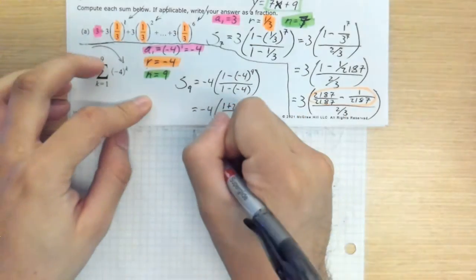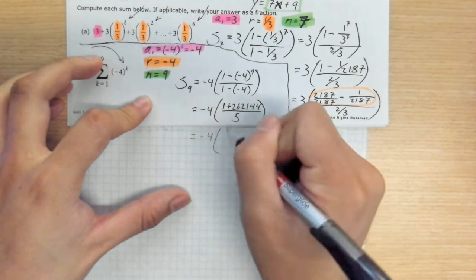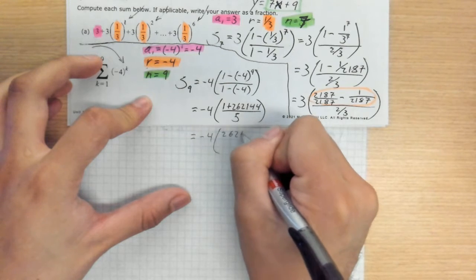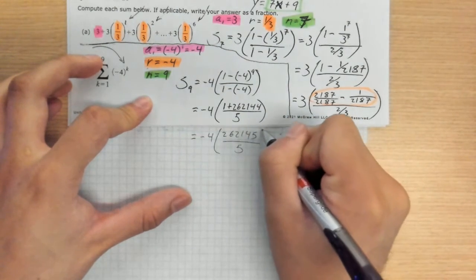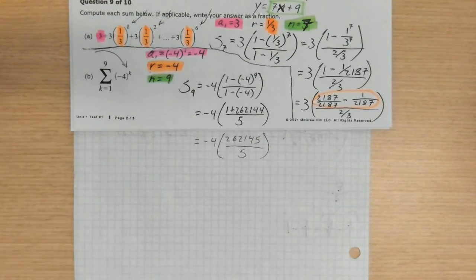So let me continue. This will simplify to minus 4 times, the top will become 262,145, and all of that divided by 5. Now remember some of the tricks that I showed you yesterday? I didn't mention the trick about dividing by 5. Is the top divisible by 5?